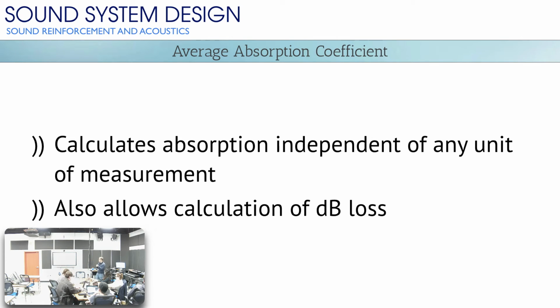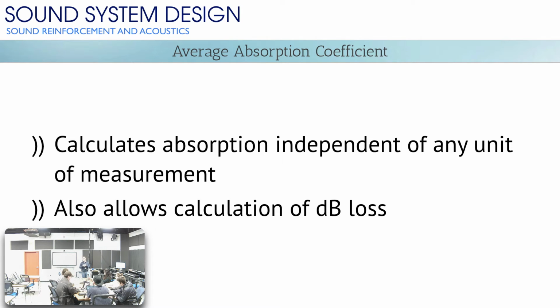We just call that perfect absorption a similar unobtainium as the perfect reflector. And we start talking about surfaces in absorption coefficients, which means, what is the percentage of energy that gets absorbed?